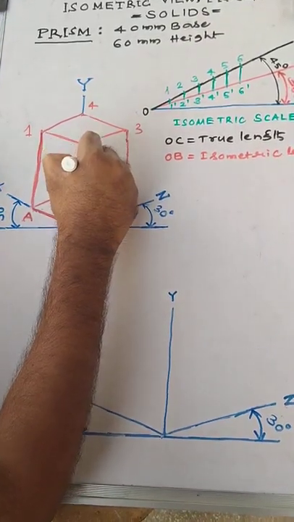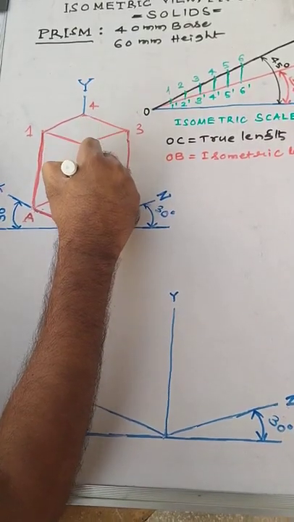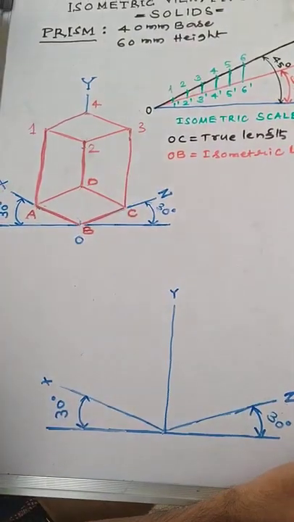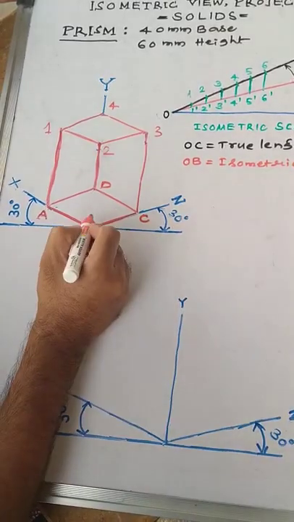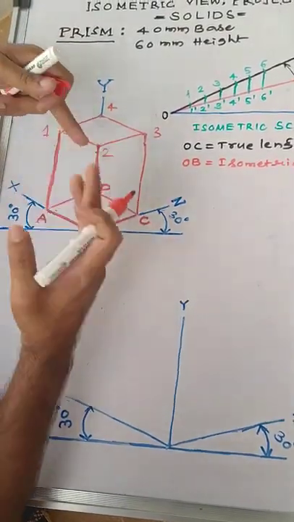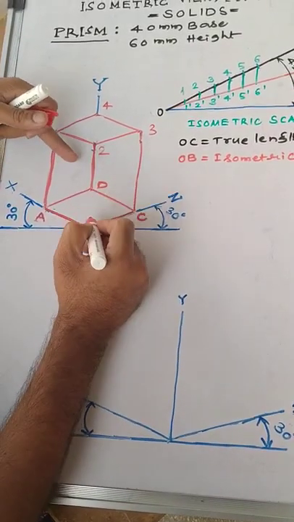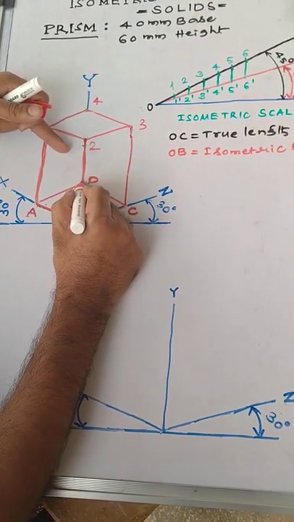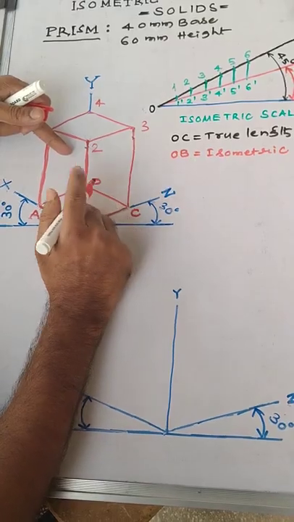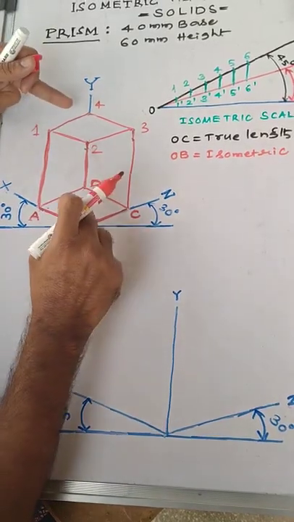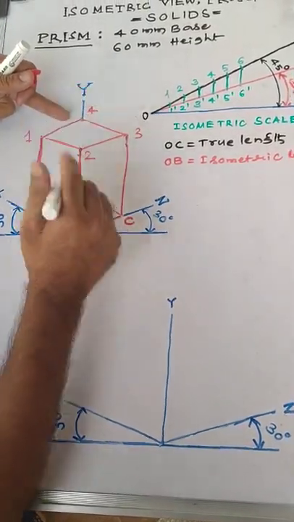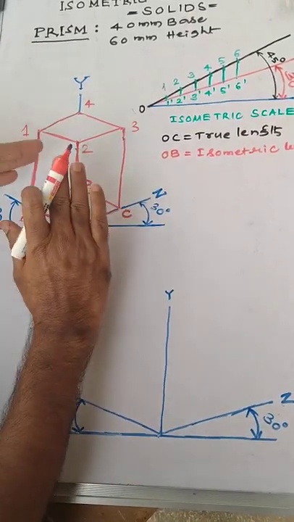2D is a vertical edge. So B2 is existing at the backside, but now B2 is going to be visible, and 4D is exactly at the backside.